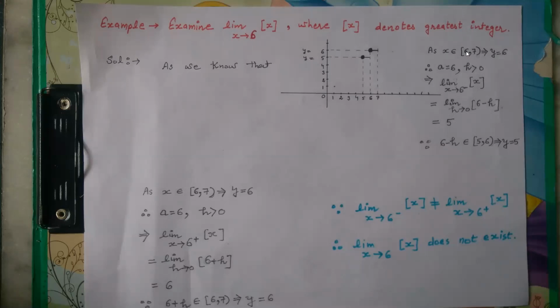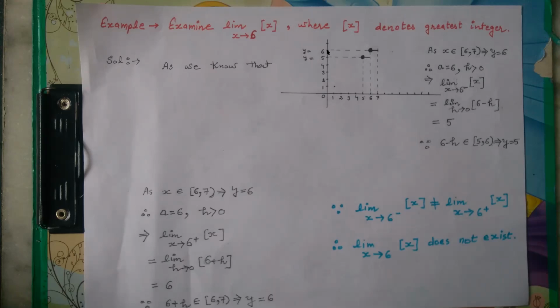As x belongs to this strip, the value of y is 6. This circle is dark, which means 6 is included, but 7 is not included. In this strip, 5 is included, but 6 is not included. So the greatest integer function definition says that if x belongs to this strip, then the value of y is 6.